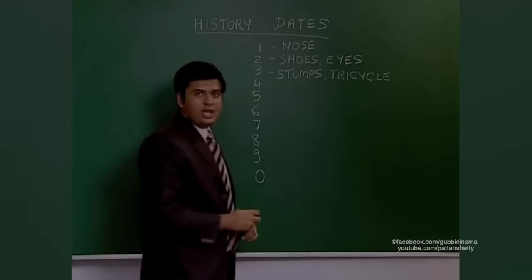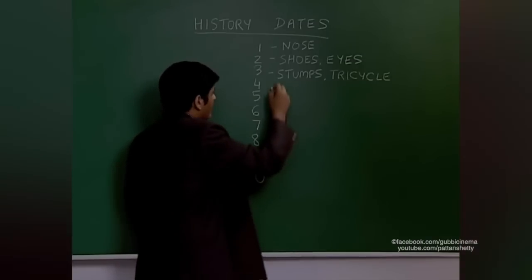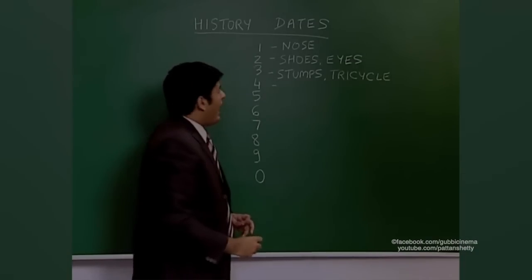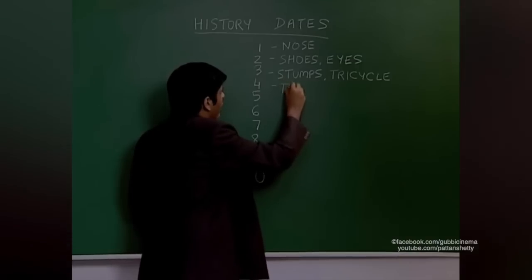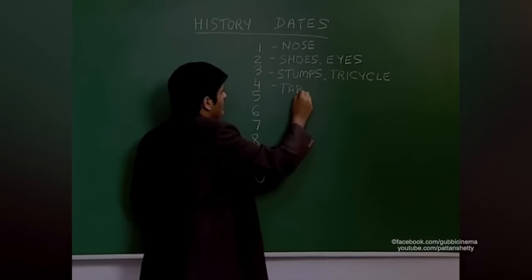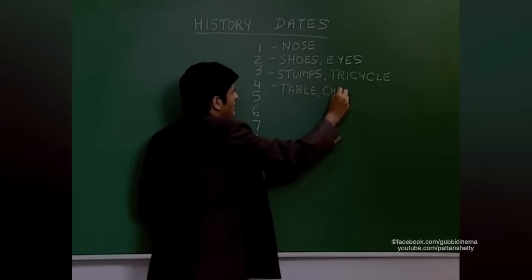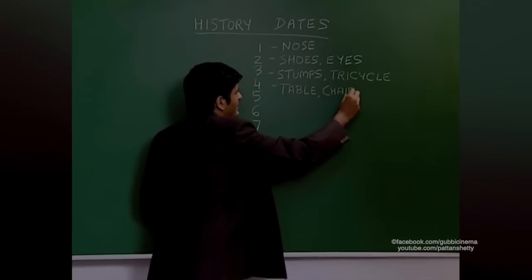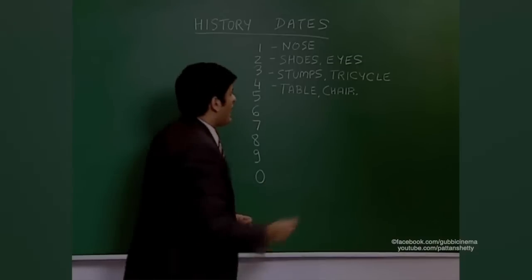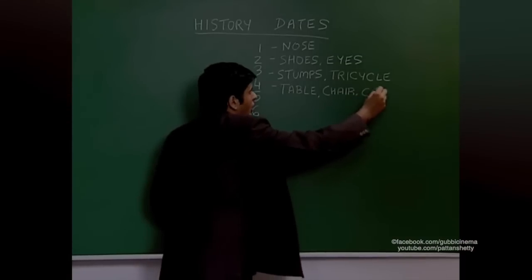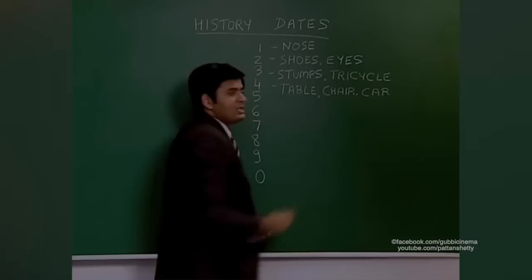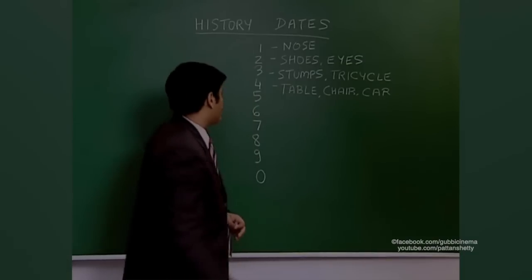So against 3 I am writing tricycle. Against 4 I can take a table or a chair, because a table or a chair has 4 legs. Or against 4 I can take say a car, because a car has 4 wheels. Or against 4 I can take animals, because animals have 4 legs.